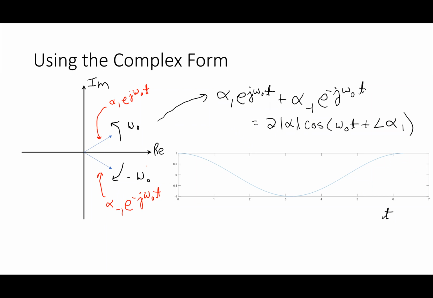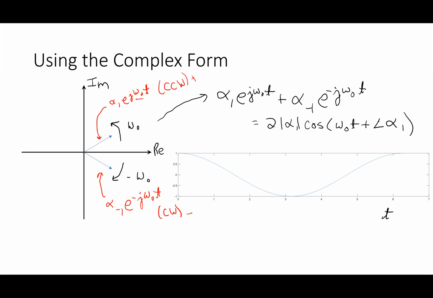These are vectors. The one with the frequency omega naught rotates in the positive direction, the counterclockwise direction. And the one with the negative frequency rotates in the clockwise direction. So this one is clockwise, and this guy is counterclockwise. This is positive, this is negative.